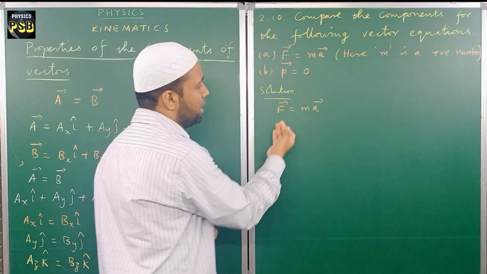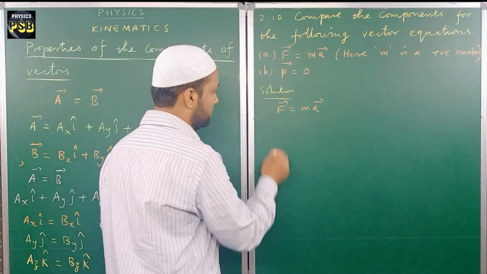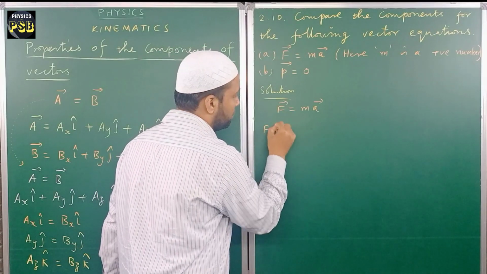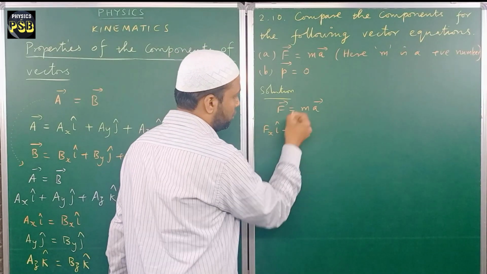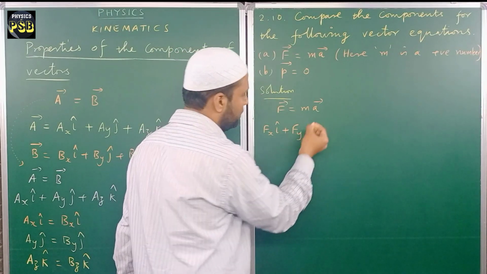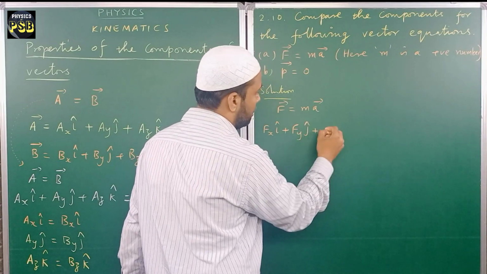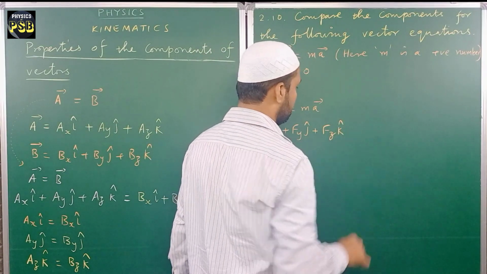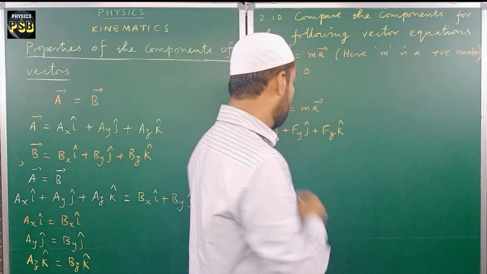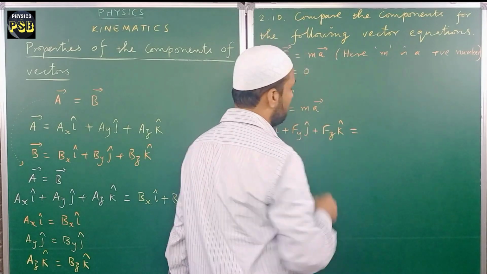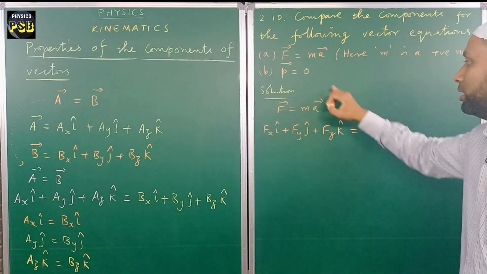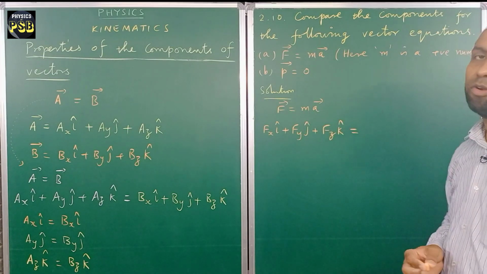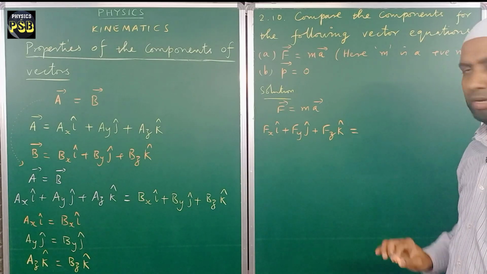How? See, first I will resolve F into its components. The component of F along the x-axis is Fx, and the unit vector is i cap. The component of F along the y-axis is Fy, and the unit vector is j cap, and the component of F along the z-axis is Fz, with unit vector k cap. Now m is nothing but a scalar quantity, so it cannot be resolved into its components.